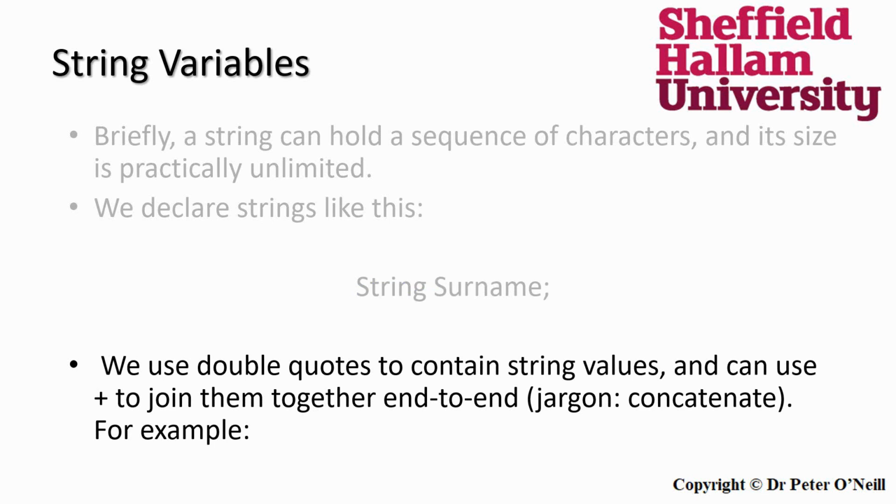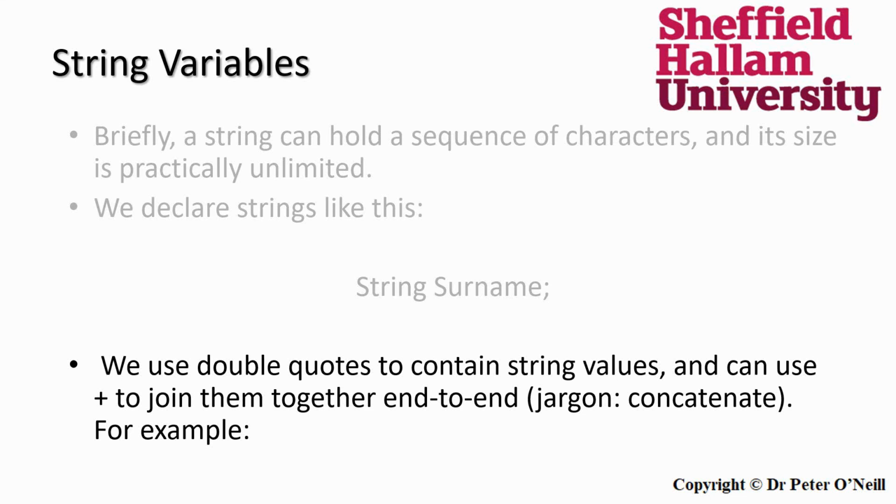We use double quotes to contain the string's value and can use the plus to join them together end to end. Basically, we can concatenate strings together, which is the jargon. Concatenate means basically stick end to end.